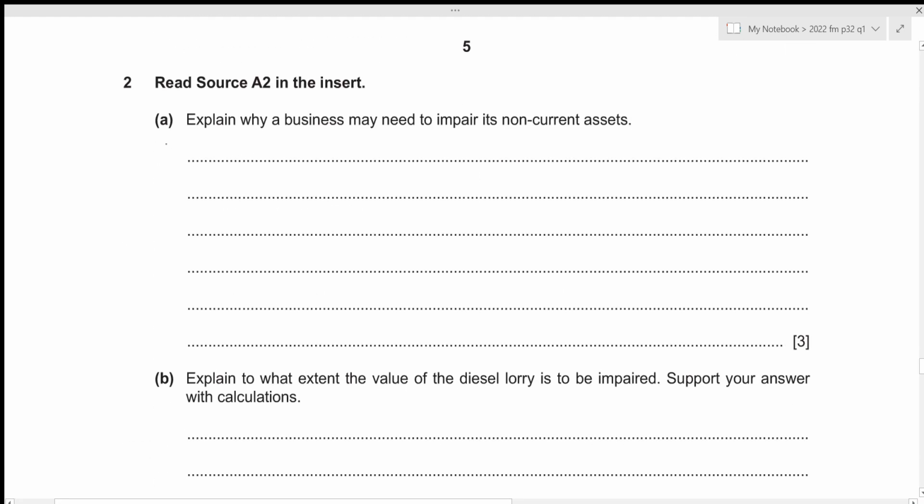Okay, so the first one is prudence concept, so that the value of the assets are not overstated.